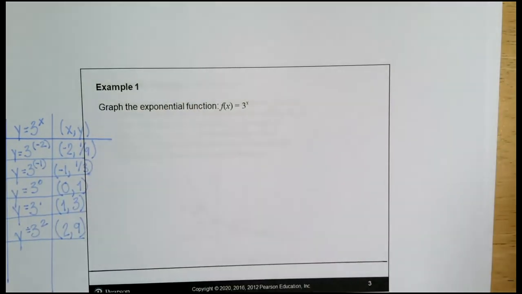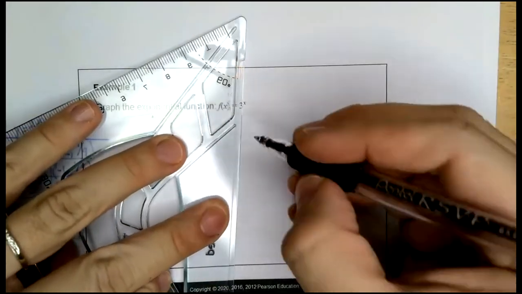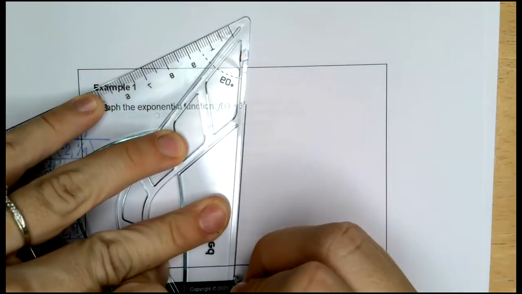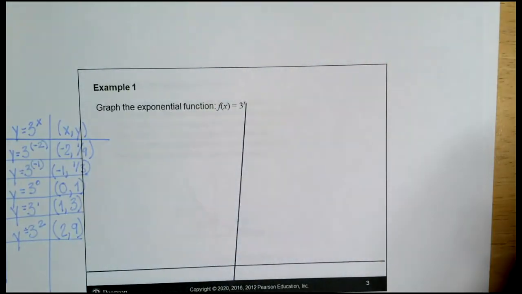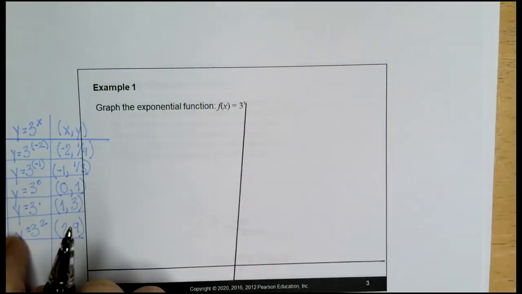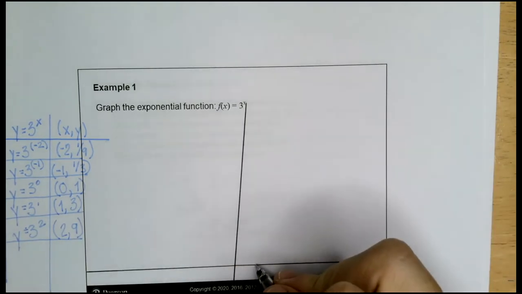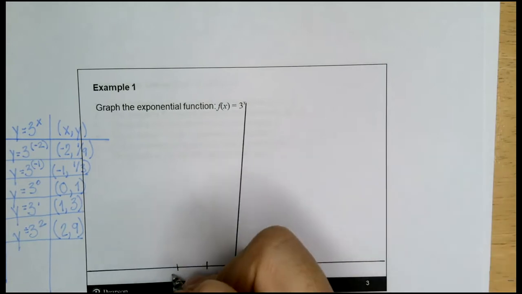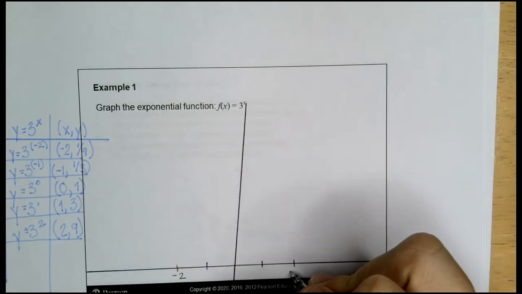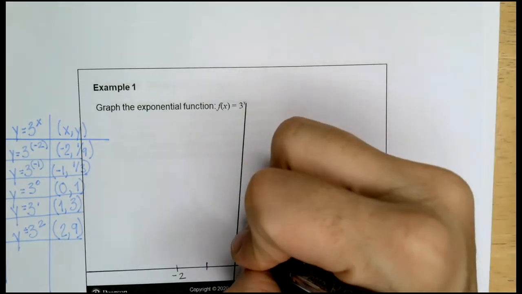I'm only going to have positive y values for this graph because I know that it will approach that horizontal asymptote y equals 0. And I only have +2 and -2. So I'm just going to go out 1, 2, 1, 2. So this is -2. This is +2.